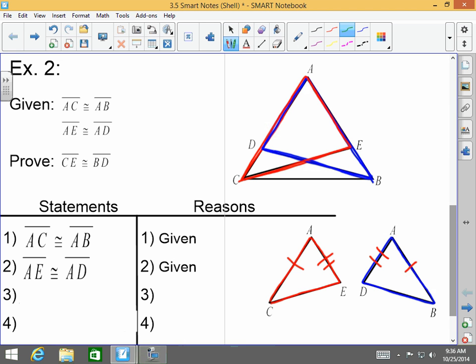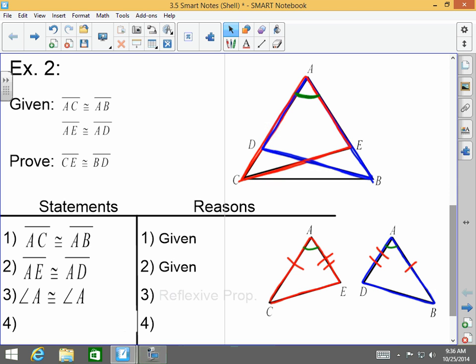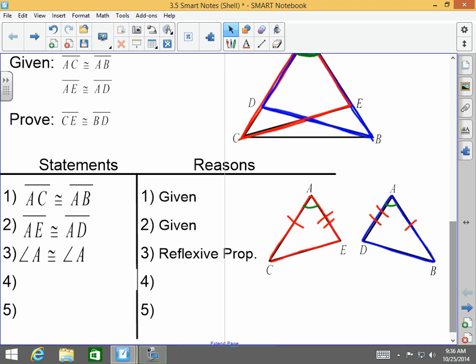Is angle A shared for both the red triangle AEC and the blue triangle ADB? Absolutely it is. So A would be congruent to itself because of the reflexive property.